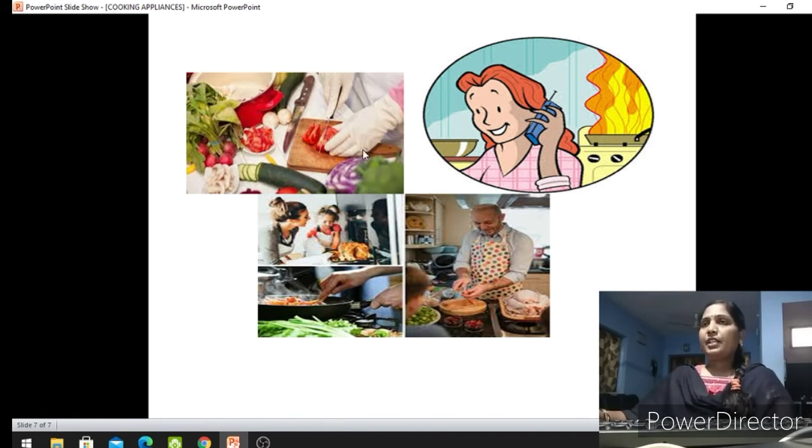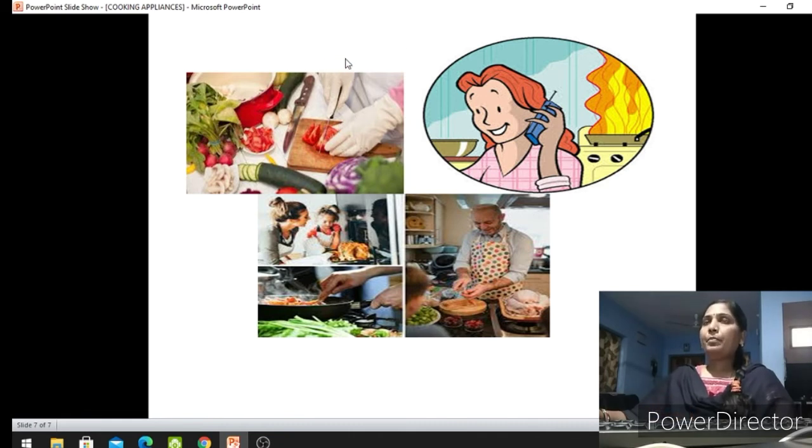What for are they wearing like that? Chefs also wear gloves and caps. Can you guess what for they are wearing like that? Yes, because their hands should not come in contact with the food item. They may pass on germs.